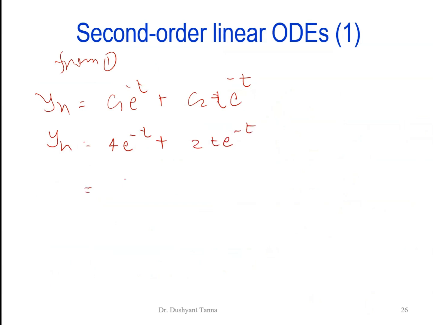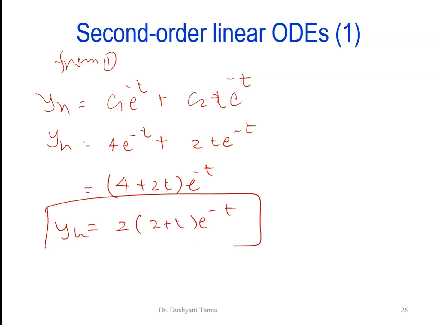You can combine it as 4 plus 2t e raised to minus t, or even further 2 times 2 plus t e raised to minus t. That's your final answer. Whenever the additional values are given, you have to put them back.